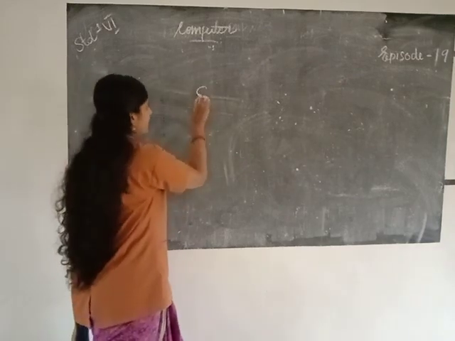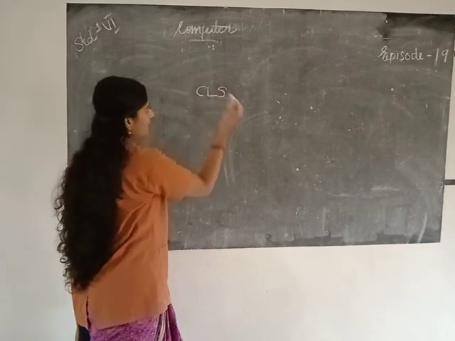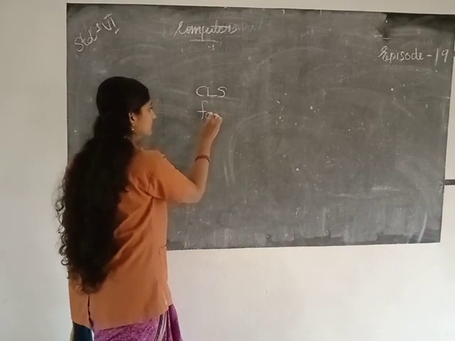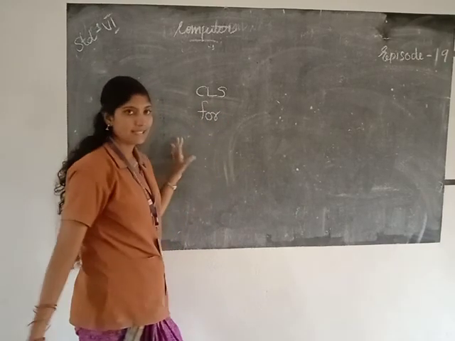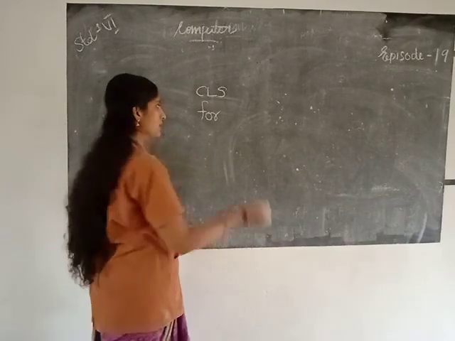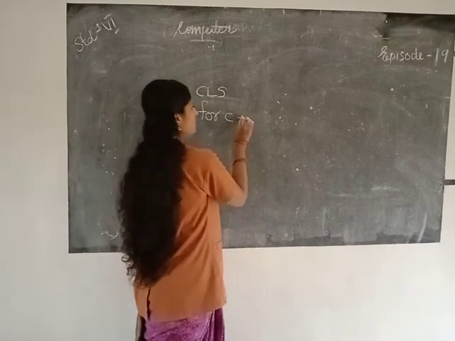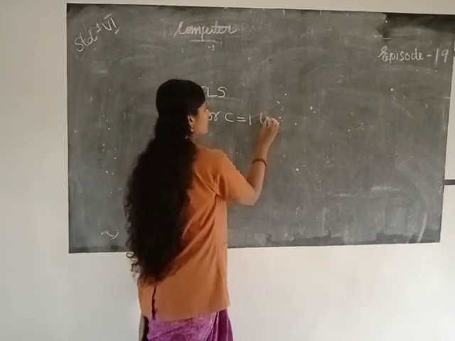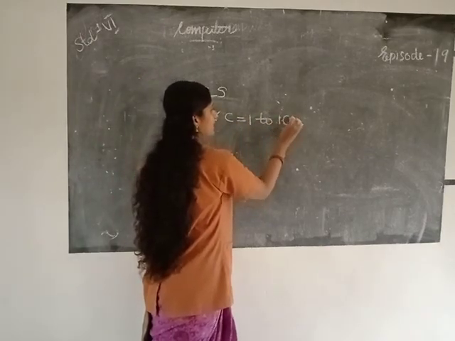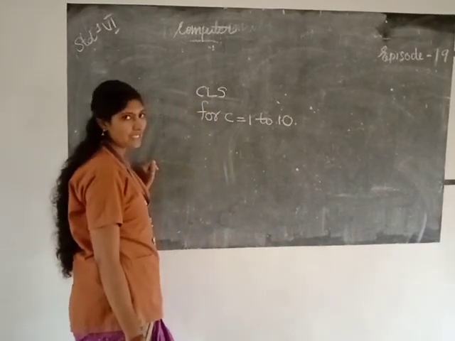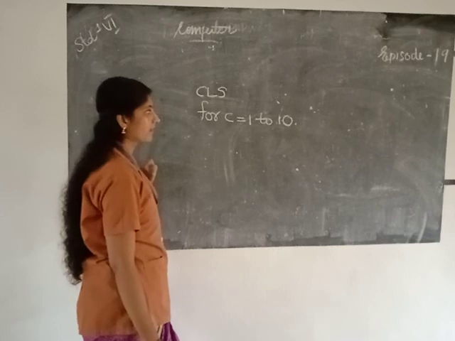Okay, CLS, then for a counter value C, that is the variable C equal to 1 to 10, because we have to enter 10 numbers.